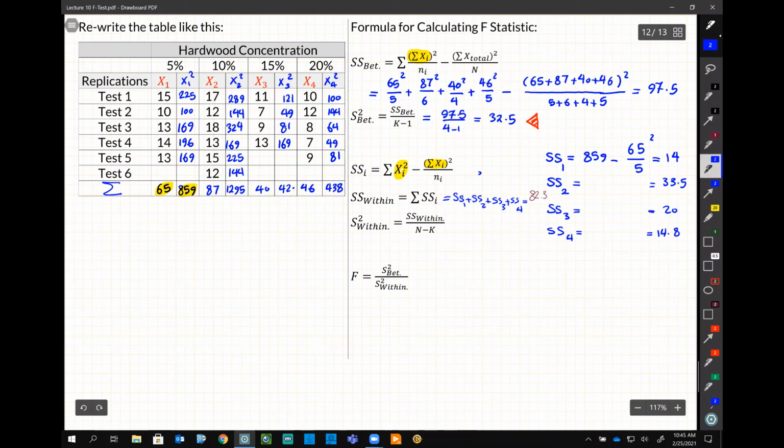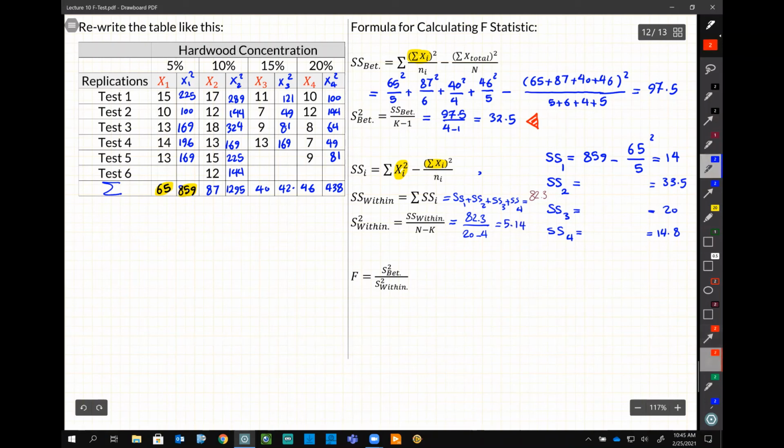Okay, so as you can see, nothing really special. It's just adding a bunch of numbers. So now we can successfully find the variance within the groups, which is going to be 82.3 divided by 20 minus 4. It gives us 5.14.